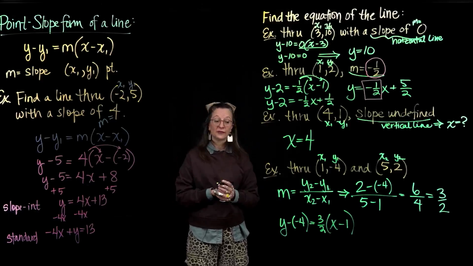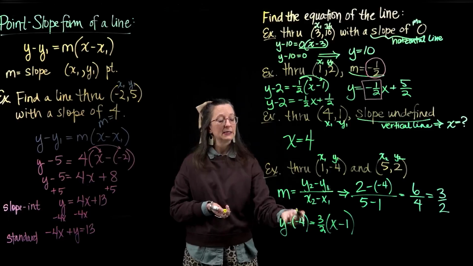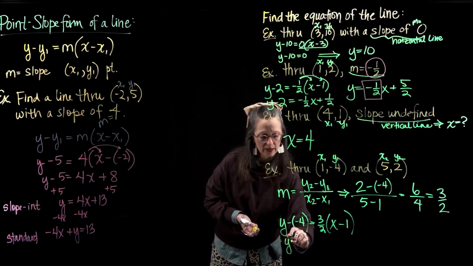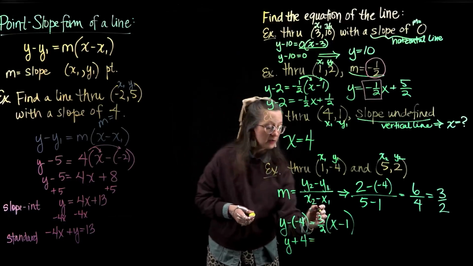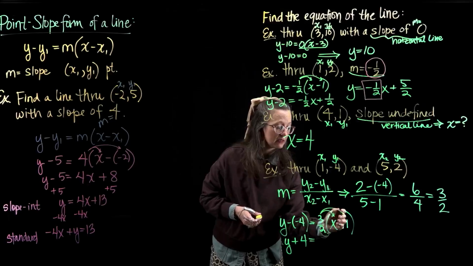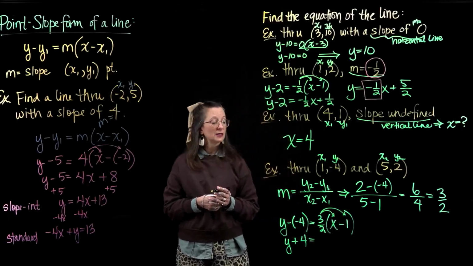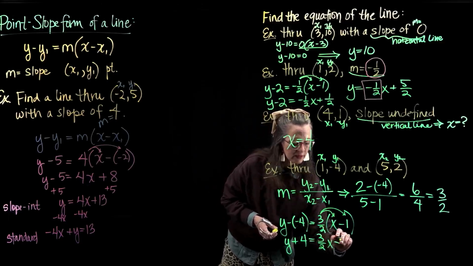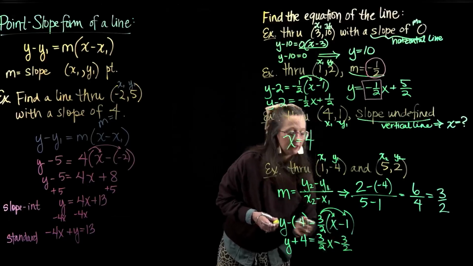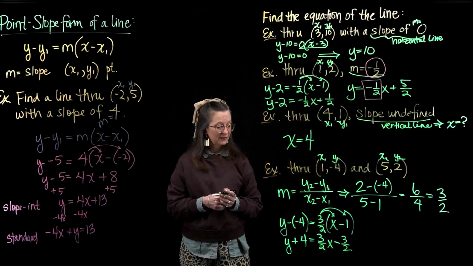And then let's just simplify. So y minus -4 is the same thing as y plus 4. On the right-hand side, I'm going to distribute this 3/2 into everything in the parentheses. So 3/2 times x gives me 3/2 x, and 3/2 times -1 is -3/2.